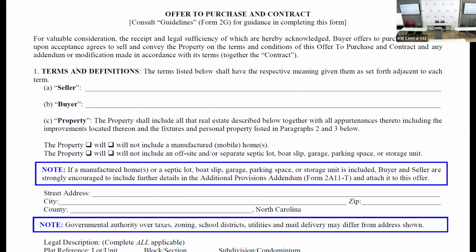Just a reminder, any and every change on the offer to purchase and contract must be initialed and dated by all parties. If you're using DocuSign, or dotloop, or any electronic signature, that takes care of it, because it time and date stamps it.